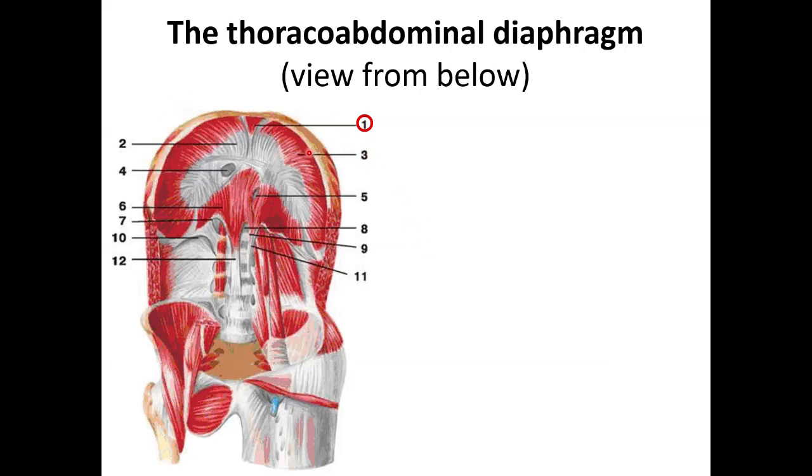Because it is a septum, it has several layers, and the main layer is musculus phrenicus, the muscle itself. This muscle is the chief muscle for breathing. Due to this muscle, we can make inhalation and exhalation.